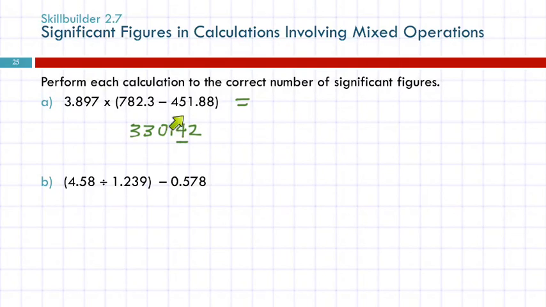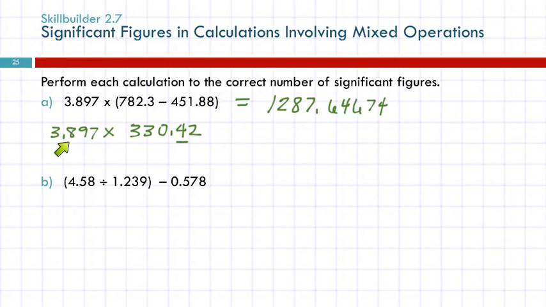I'm going to leave this whole number in my calculator and multiply it by that. Times 3.897 equals, and so I'm getting this big mass, 1287.64674. Here I have 2 numbers that I'm multiplying.